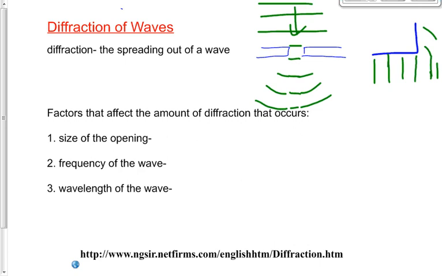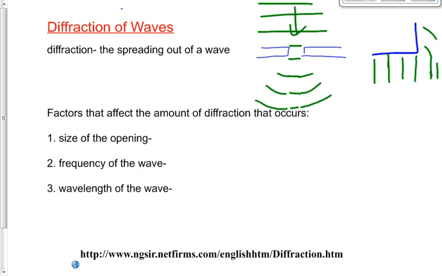Now, sometimes diffraction happens a lot. Sometimes diffraction happens a little bit. And there are three things that affect the amount of diffraction that we get. The size of the opening. We talked yesterday about how the smaller the opening, the more diffraction we get.